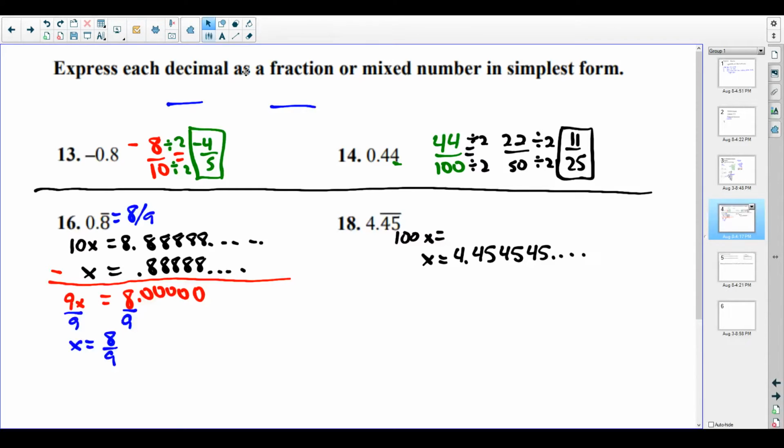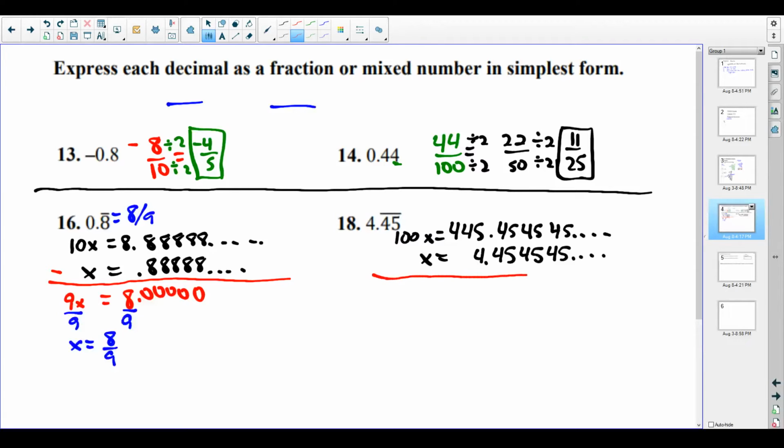So let's see. Just move some stuff over so it's a little bit cleaner. So if I move it over 2 places, I would get 445.454545, still repeating. And then again, I can do math with those two equations. I can subtract one from the other. So 100x minus 1x is 99x.